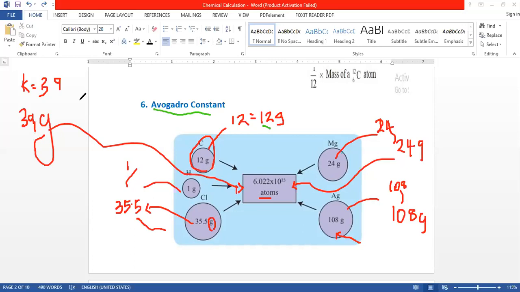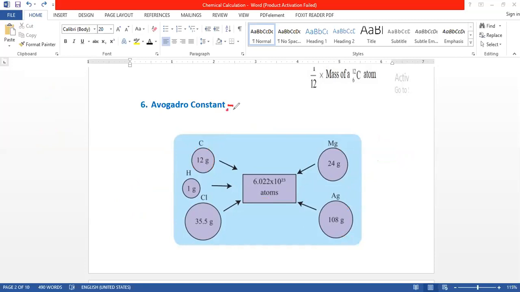Actually, you must know what is the main point here. The Avogadro constant can be called L, and that constant is 6.022 into 10 to the power 23, which means any atom or molecule with the same number will have a constant number of atoms or molecules.